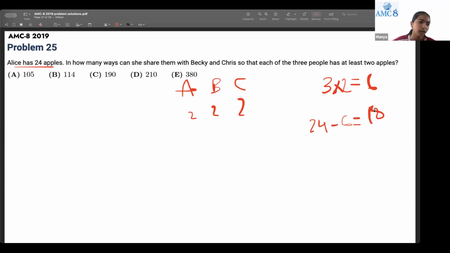And so suppose that we need a value for apples. Suppose that x equals the number of apples. So x has to be greater than 0. It cannot be 0 because there cannot be zero possible ways. So x has to be greater than 0, but less than or equal to 18.